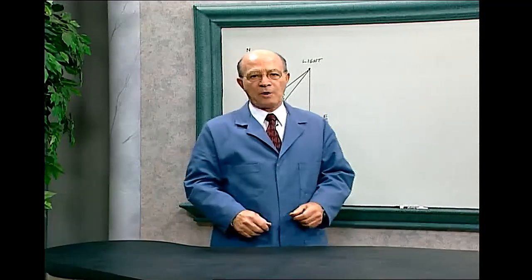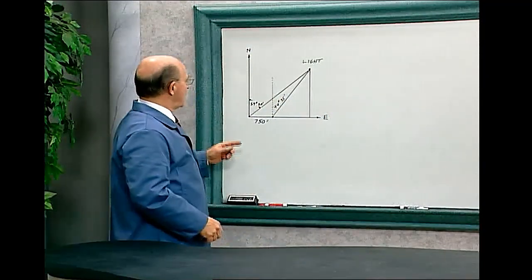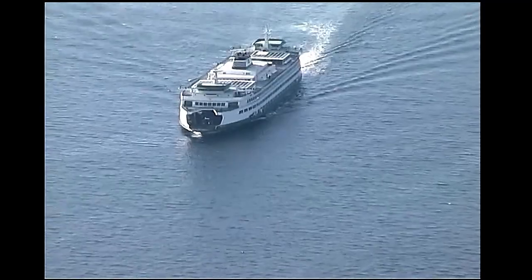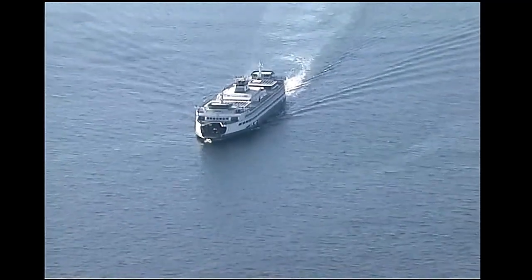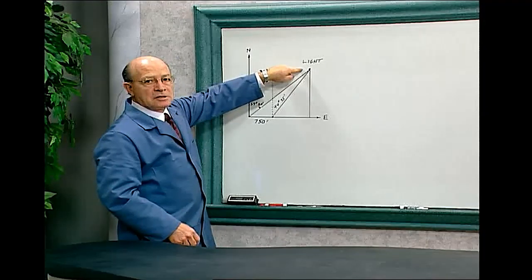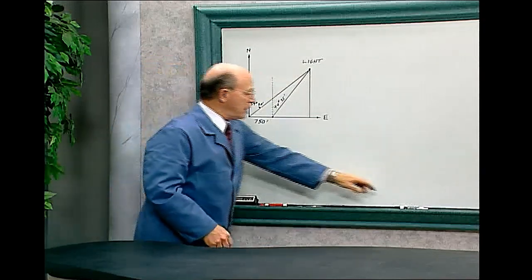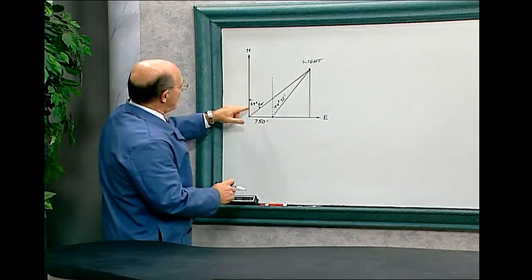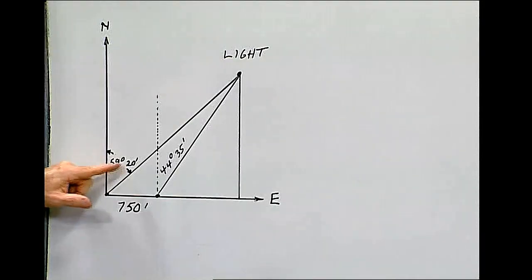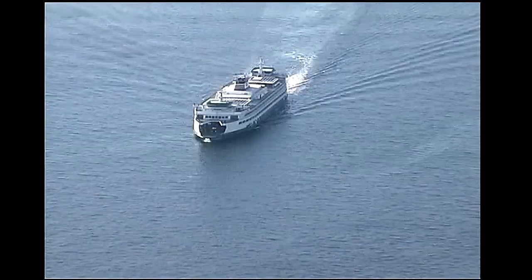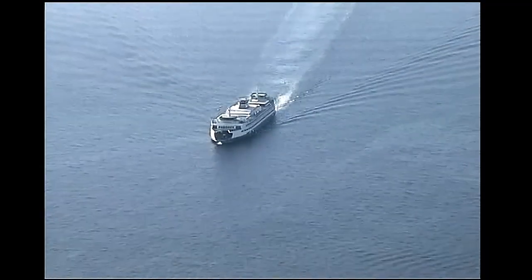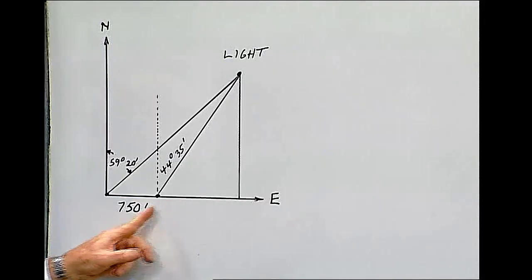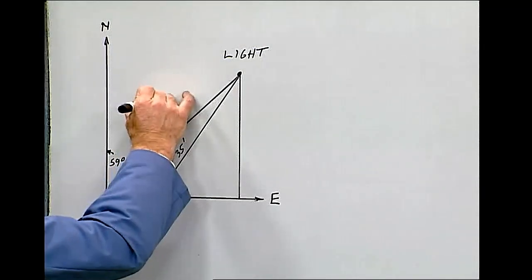Let's take a look at this problem. A ship is traveling east and it spots a light in the distance. It takes the reading from north and it's 59 degrees 20 minutes to that light. It travels another 750 feet and takes another reading from north.